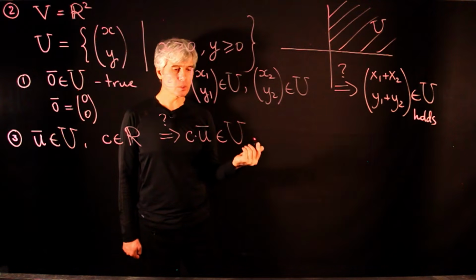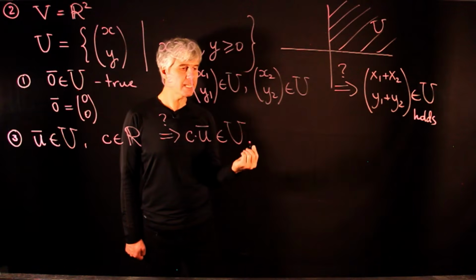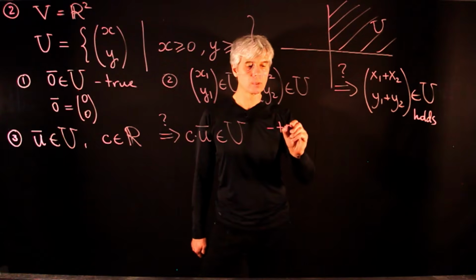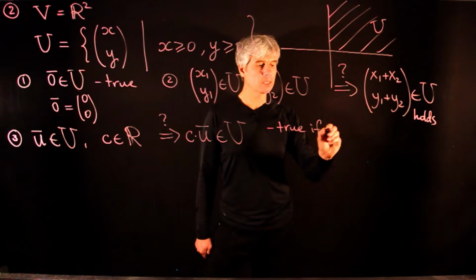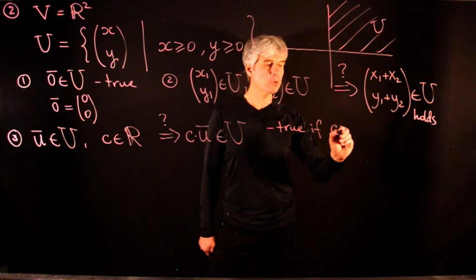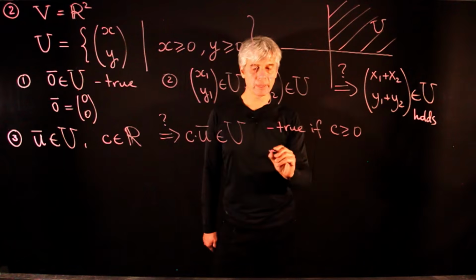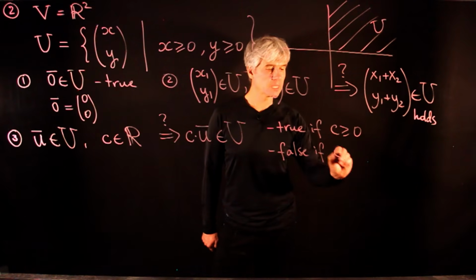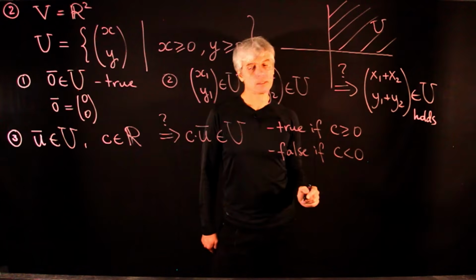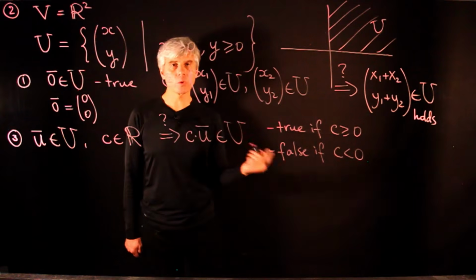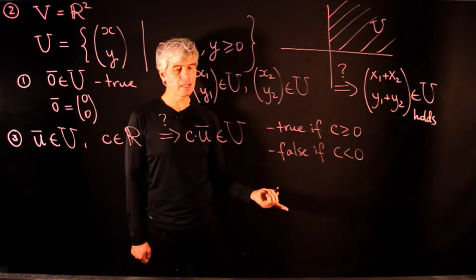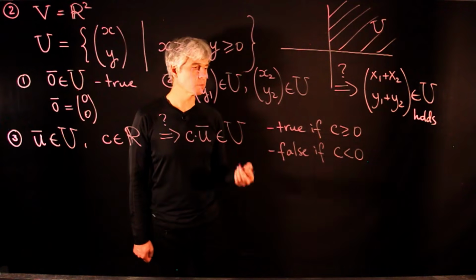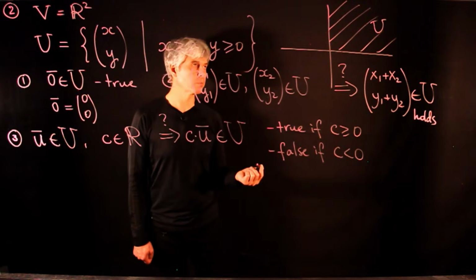What we see is that this will be true if C is greater or equal to 0. But this is false if the scalar is negative. If we take a vector with non-negative components and multiply it by a negative scalar, the result will be a vector with non-positive components.